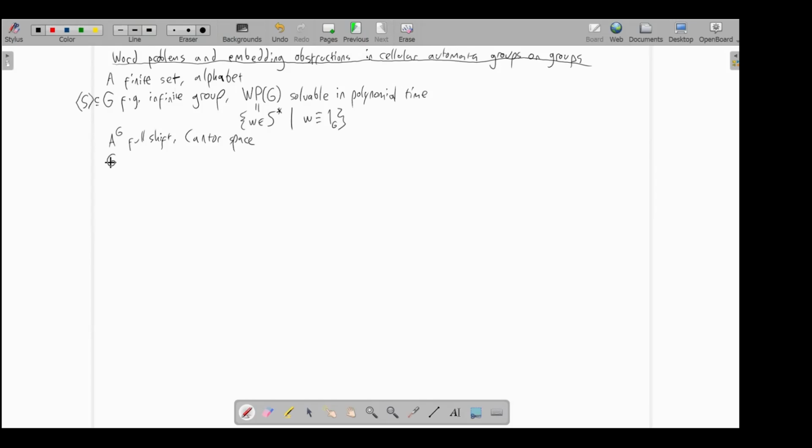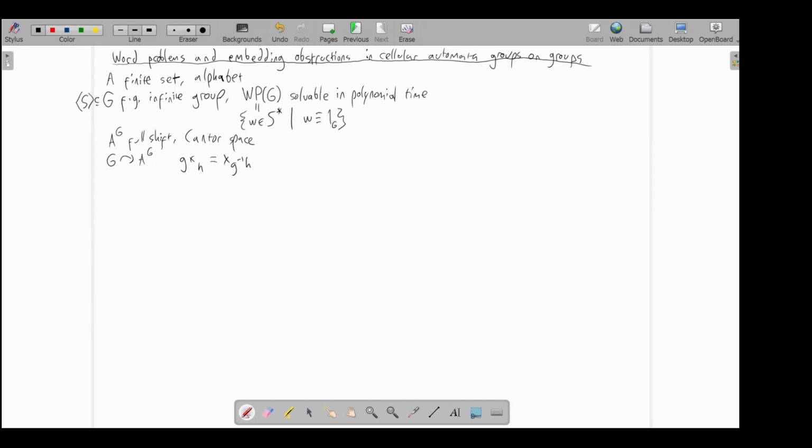And another thing about the full shift is that it's a dynamical system. So G acts on it by homeomorphisms, and the formula is just that you move symbols. The symbol at H is moved to GH, which in formula terms looks like this.